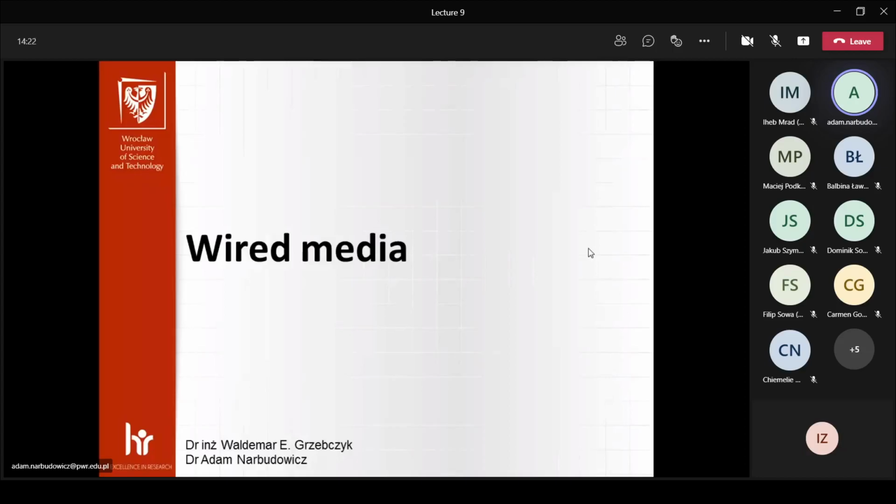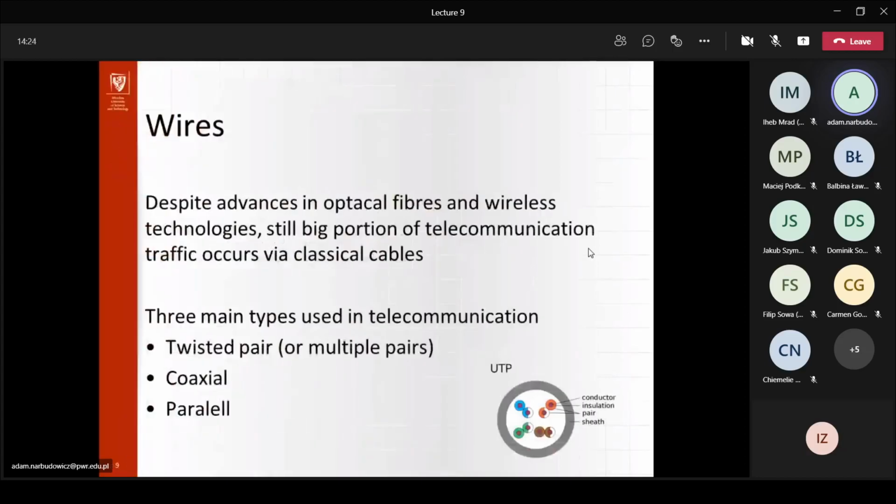All right, so now we move on to the wired media. So basically good old-fashioned cables or wires. And well, this might seem maybe a less interesting topic than the optical ones, but still I hope I will be able to convince you that there are some interesting aspects of wired cables, especially if we use them at millimeter wave or higher frequencies.